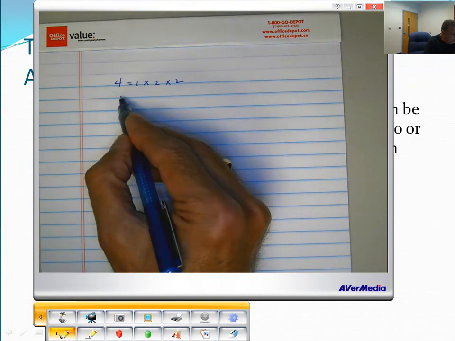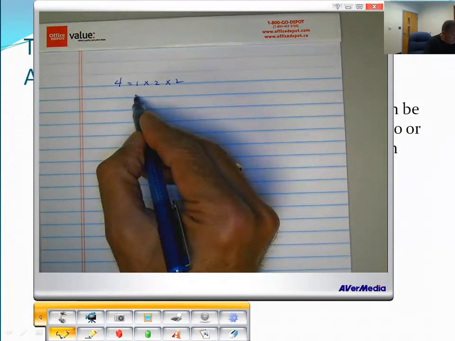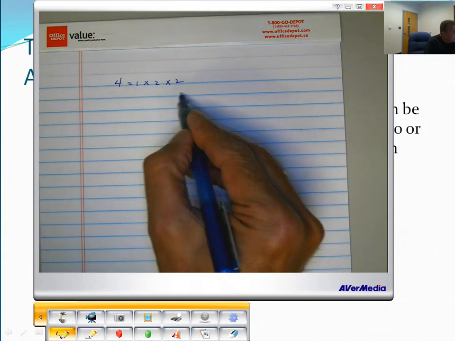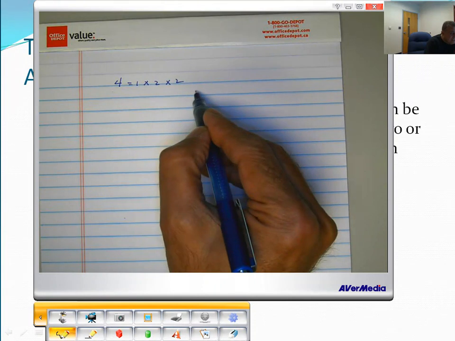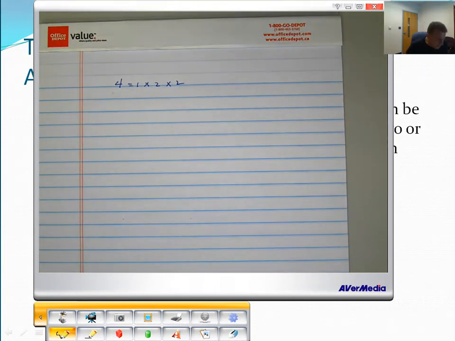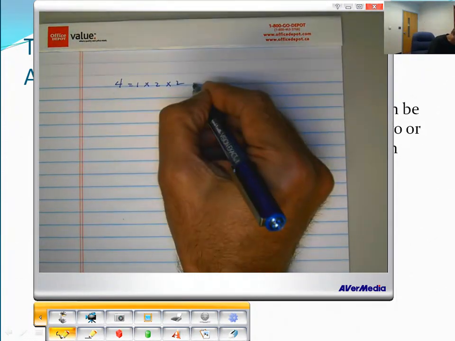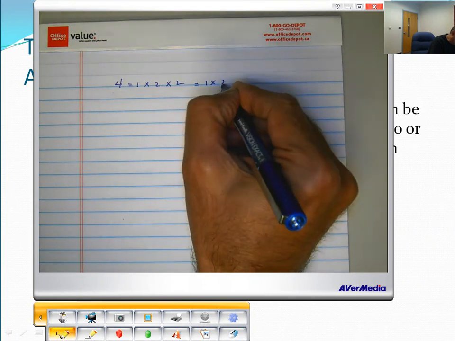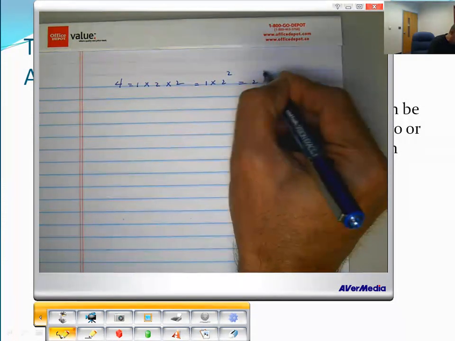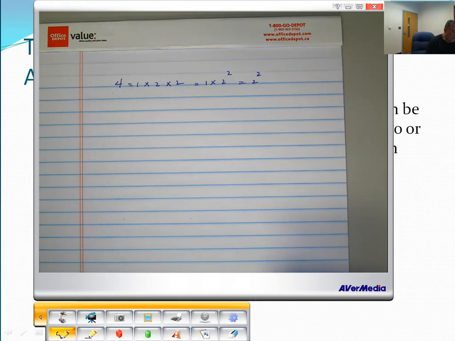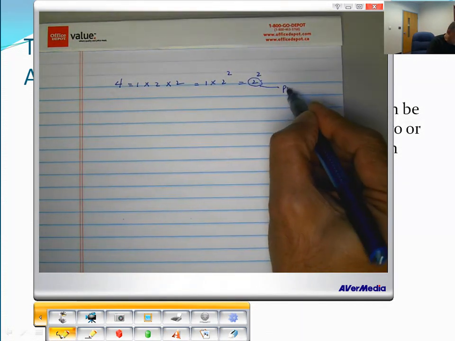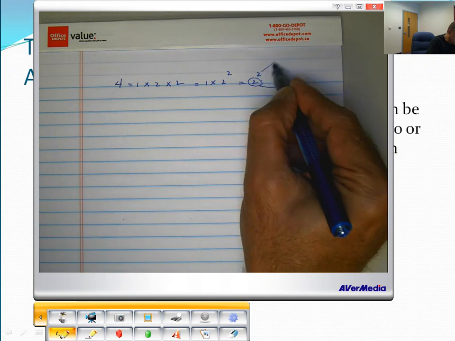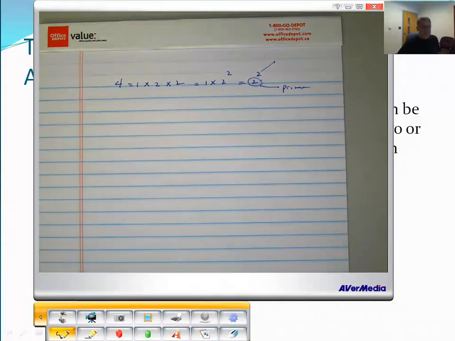Of course, we could also write 4 as 2 to the power of 2, and 2 is the number that we call prime. The power means the repetition. All right?